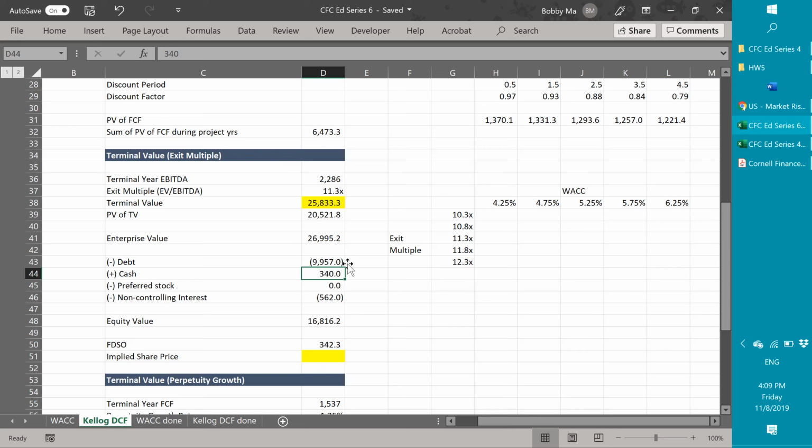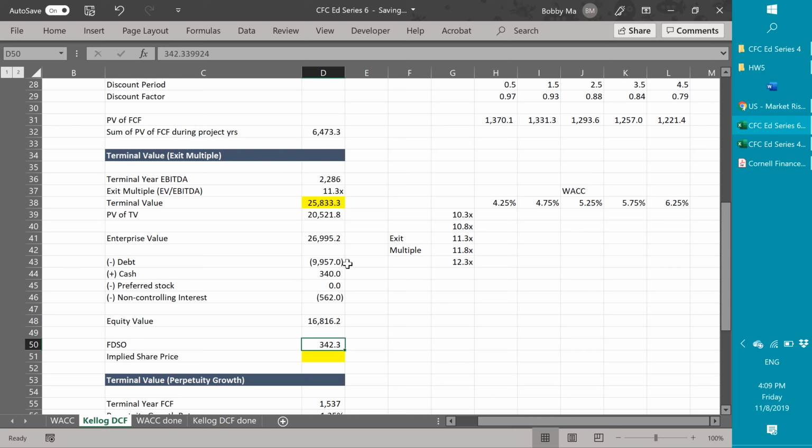We did this when we calculated equity / enterprise value on your comps analysis, and there we pulled it from CapIQ, who pulls it from your company filings. So this is just the adjustment from enterprise value back down to equity value. So you get an equity value of around $16.8 billion.